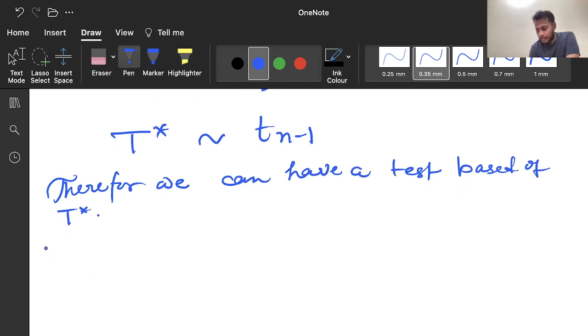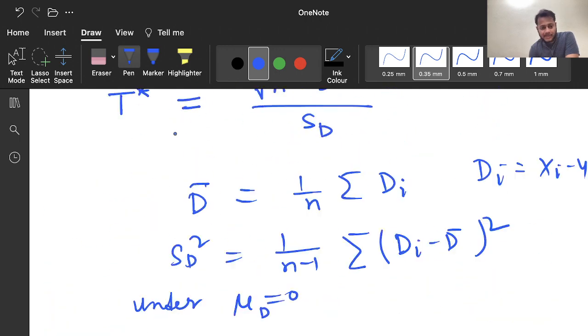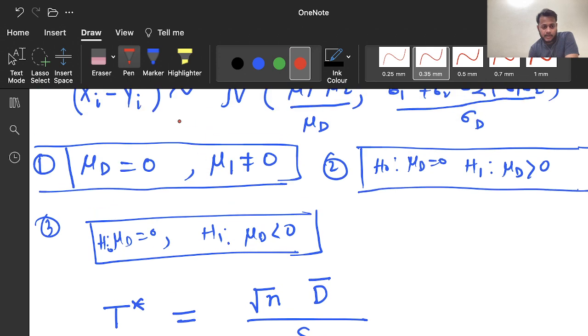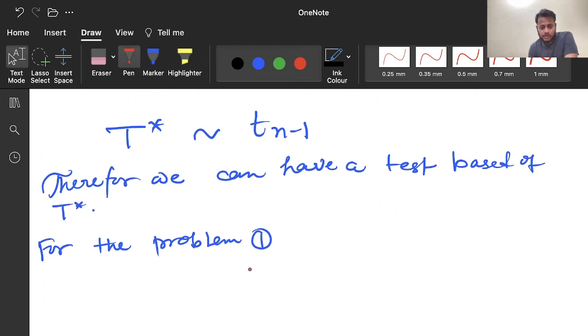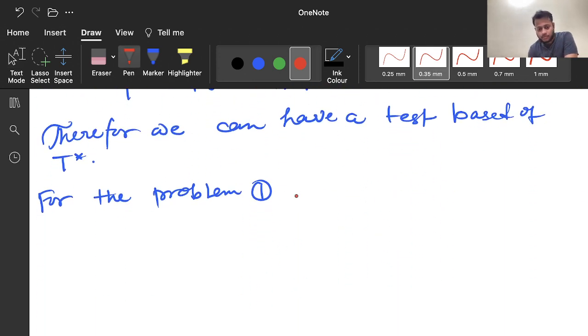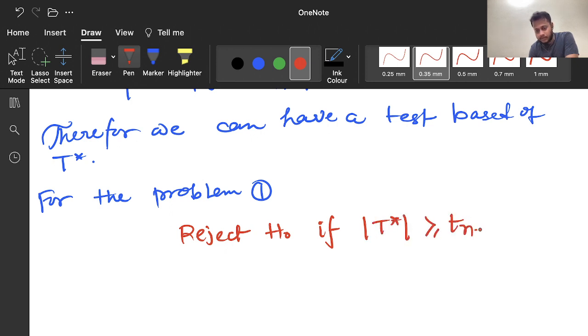For problem 1, this is the two-sided hypothesis, so reject H0 if the absolute value of t star is greater than t(n minus 1, alpha by 2).